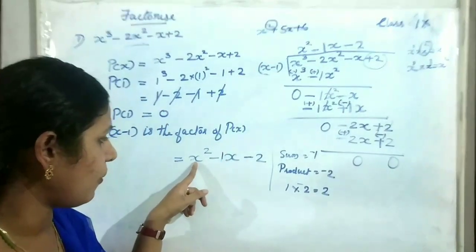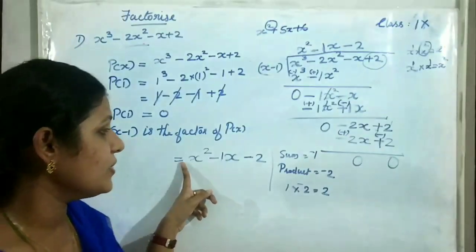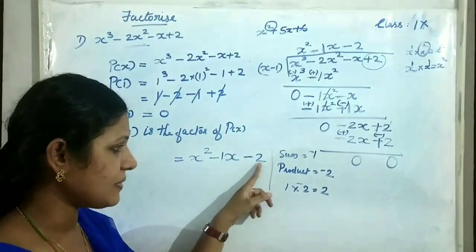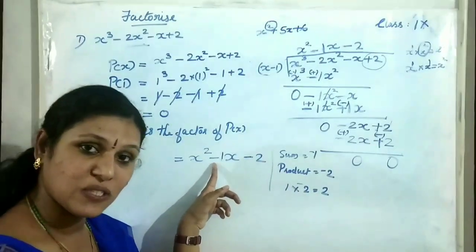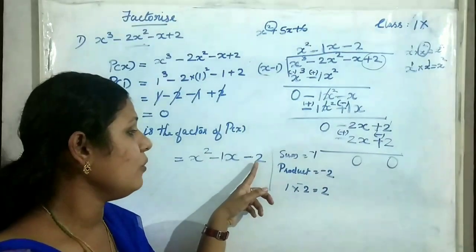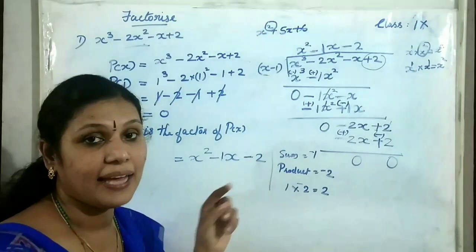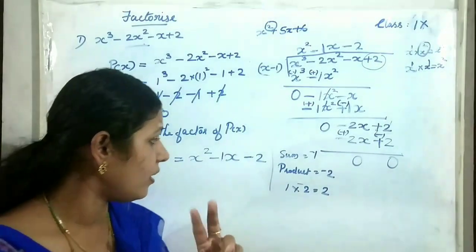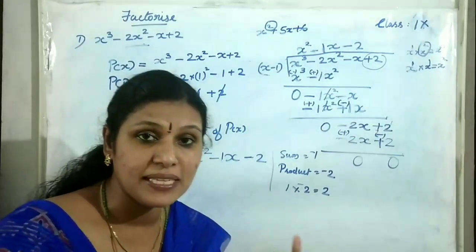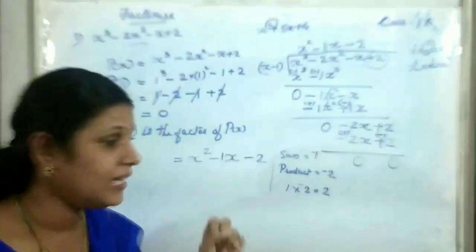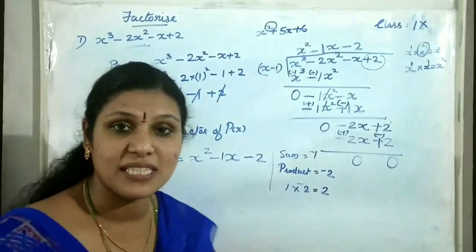Here the question, here the coefficient is 1. So that's why here the product is minus 2 and the sum is minus 1. Okay. Now we check the sign. Here the sign is minus. So that's why it has two numbers, one is plus and the other is minus. Which number is plus and which number is minus?